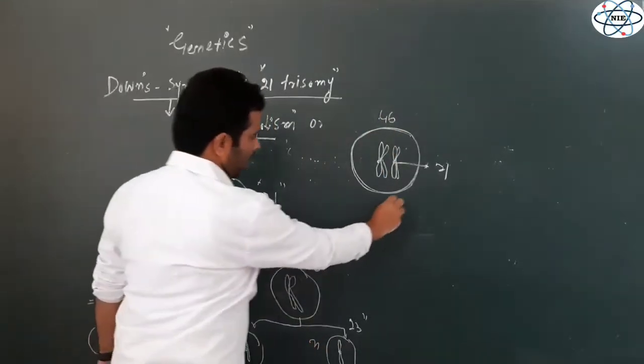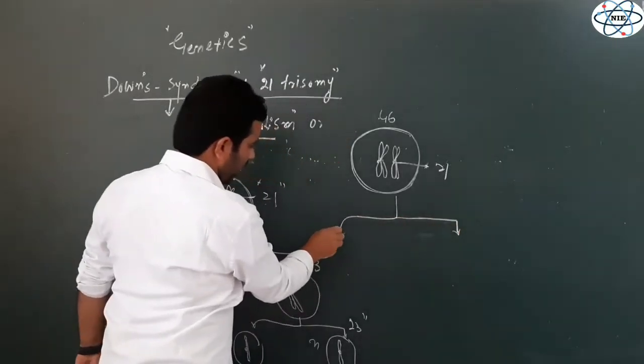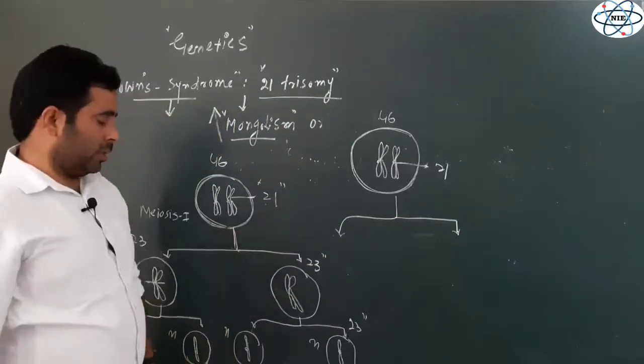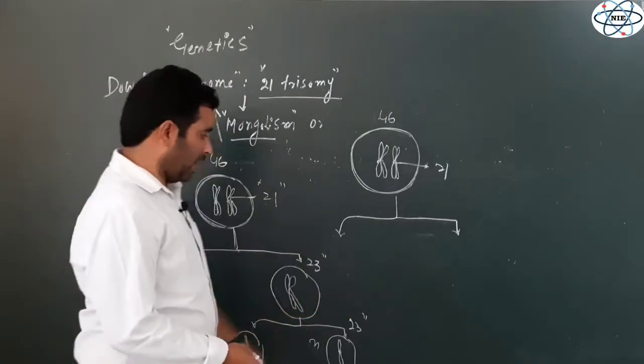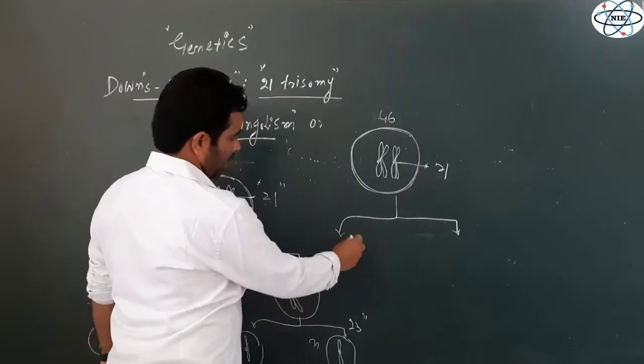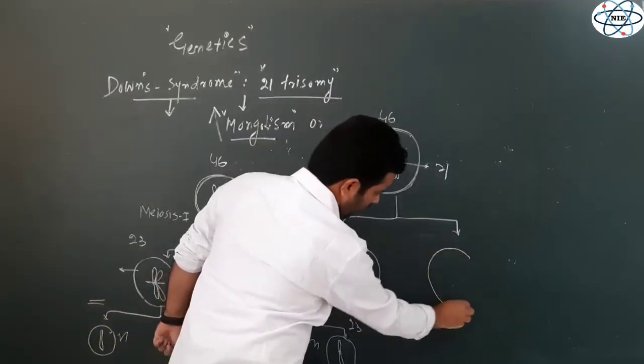Now see, what generally happens in meiosis first? This non-disjunction can happen in meiosis second as well, but generally it happens in meiosis first. This is one daughter cell and this is another daughter cell.